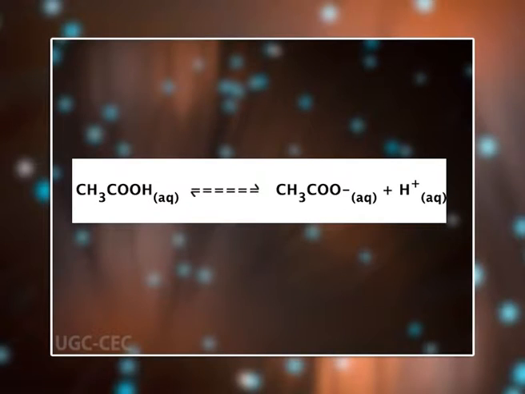Symbolically, we can say CH3COOH aqueous, that is ethanoic acid, will be in equilibrium with its ions CH3COO- aqueous, that is ethanoate ion, and H+ ion. Adding sodium ethanoate to this adds lots of extra ethanoate ions. According to Le Chatelier's principle, that will tip the position of the equilibrium even further to the left.